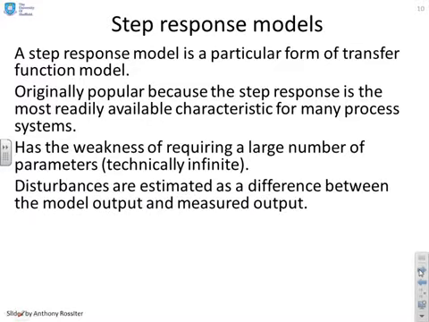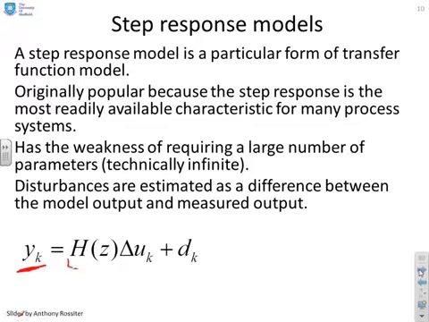Now, how would you estimate disturbances if you were using a step response model? This is how people tend to do it. So they say the output is given by a step response, so that's H of z is the step response, and you'll notice here that we've used delta u, where delta u equals u(k) minus u(k-1). It's the change in the input at each sample, because that's what the step response does.